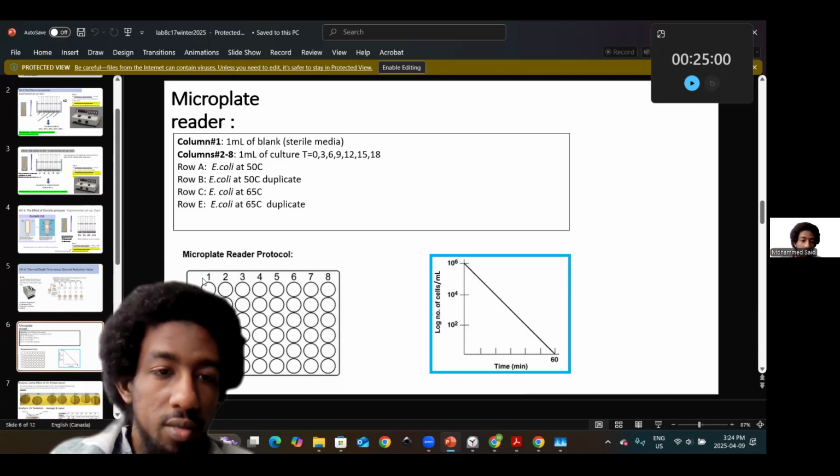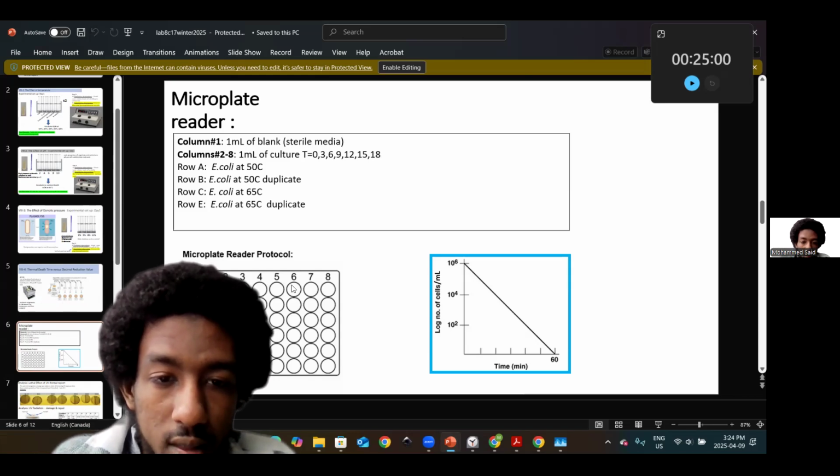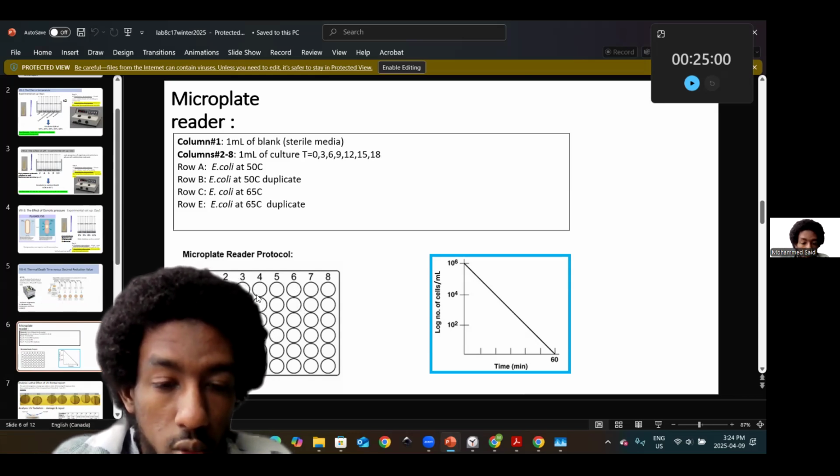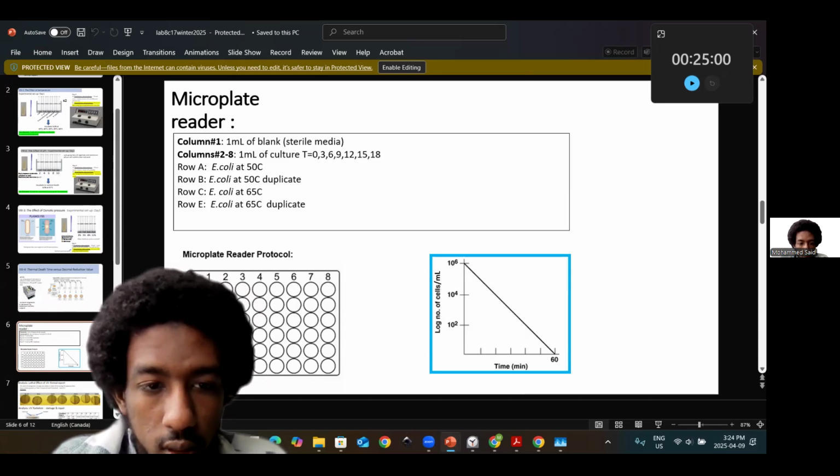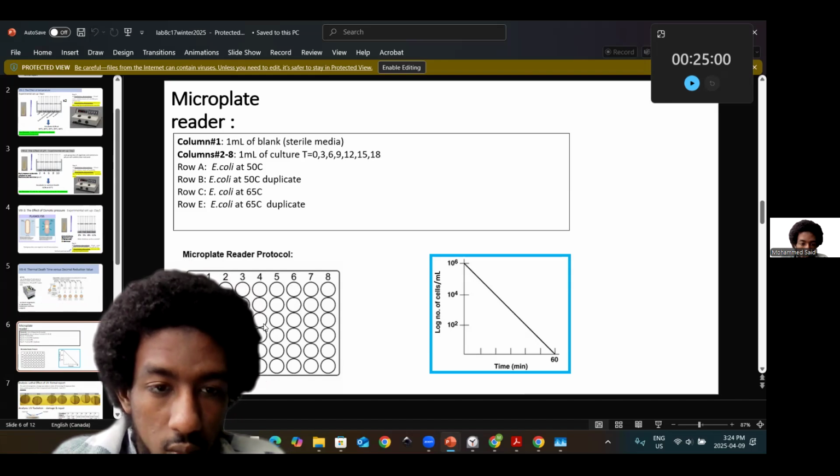So in this regard, for thermal death time, we had them for rows A and B at 50 degrees and C and D at 65 degrees, and they served as duplicates for the two sets of rows or pairs.